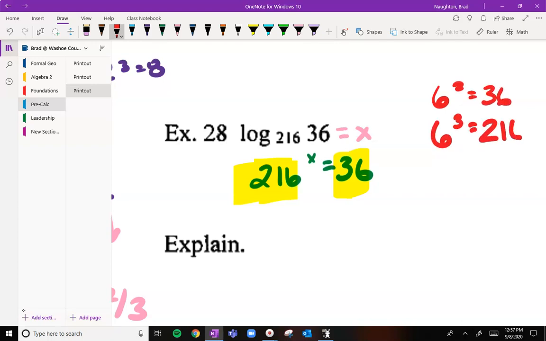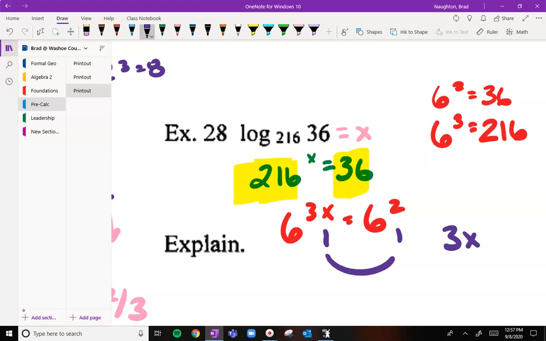Well, that happens to be 216. So 6 cubed to the x is equal to 6 squared. So these have the same base. So we'll say 3x is equal to 2. So x is going to be 2/3. Now, just because these were both 2/3 doesn't mean that every answer that you don't know is 2/3.